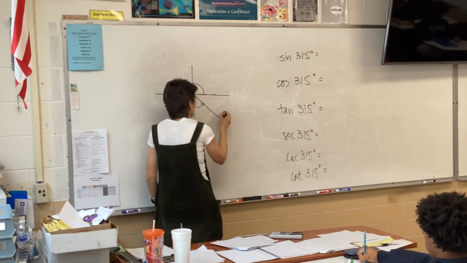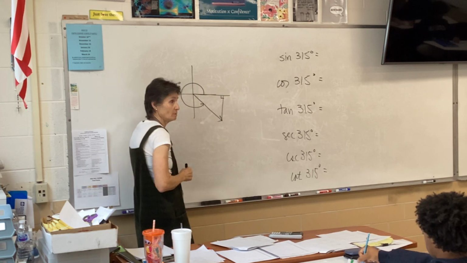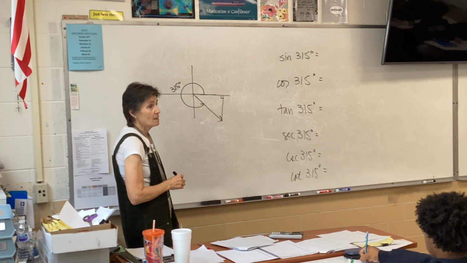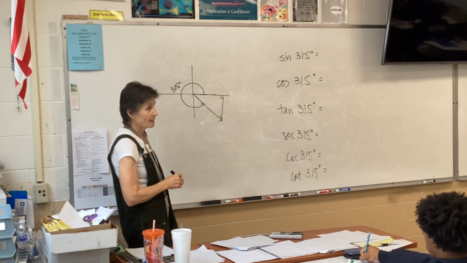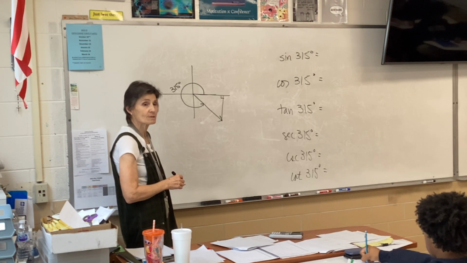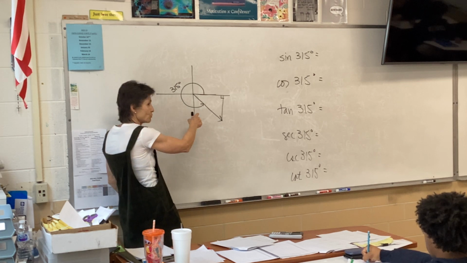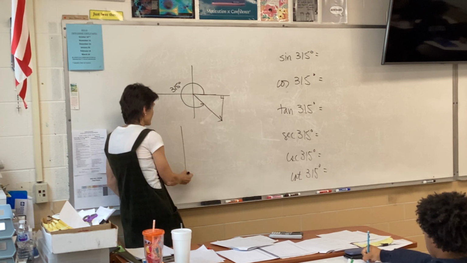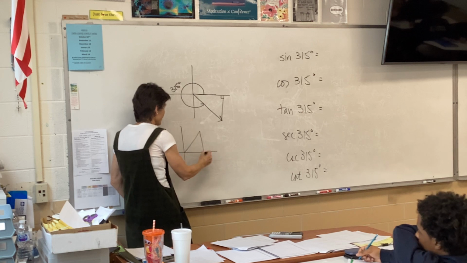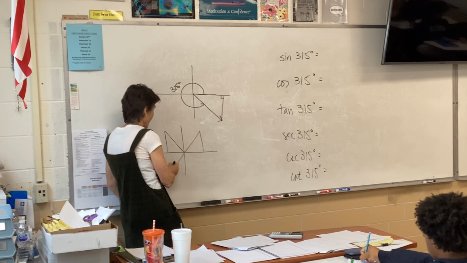Now I'm gonna drop my perpendicular because it's possible to do that. Note that your perpendicular always goes to the x-axis. So when you build your triangle, it's always going to be part of what we call the butterfly bow tie.